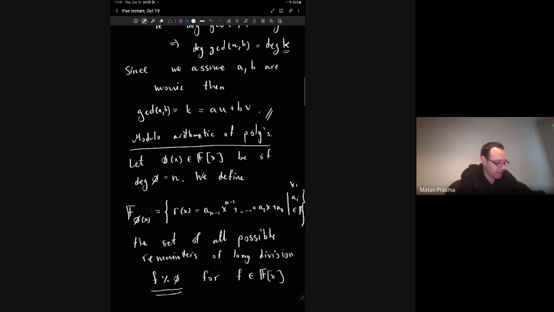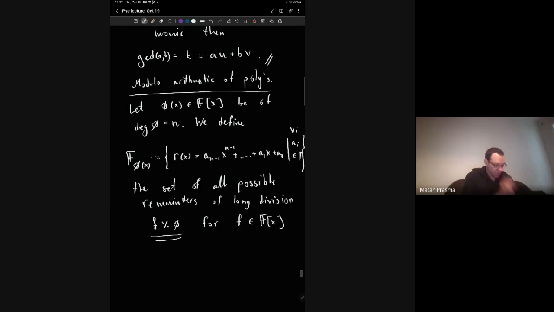For example, take this polynomial r and do long division with phi, then by definition the remainder is r itself, because you start from something with a degree strictly smaller than the degree of phi. The long division terminates at the beginning. So f_phi(x) is the set of all possible remainders.